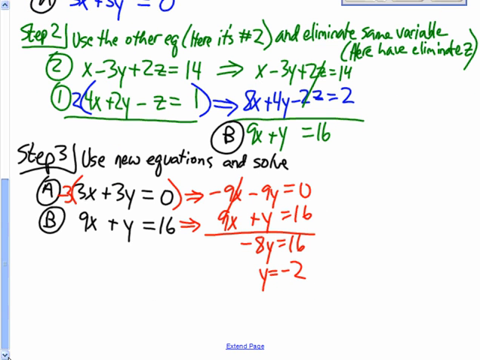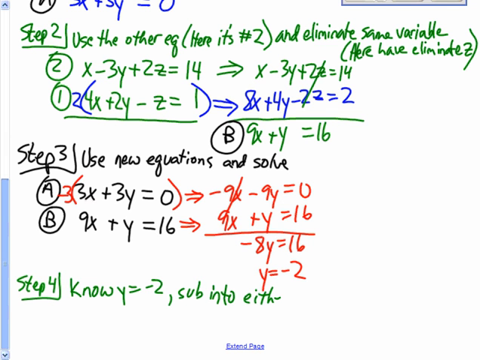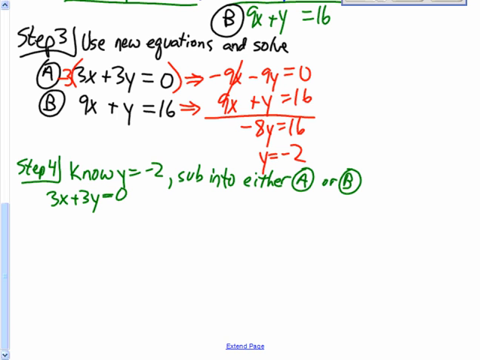Now, step 4, I know y equals negative 2. I substitute into either A or B here, so one of those new equations. So let's take 3x plus 3y equals 0, and let's plug in our y.